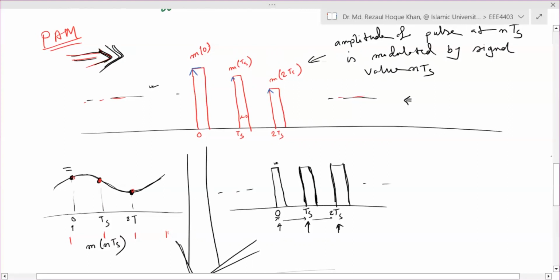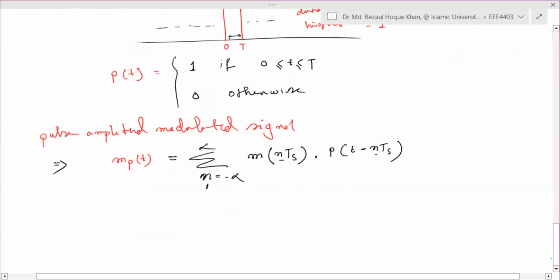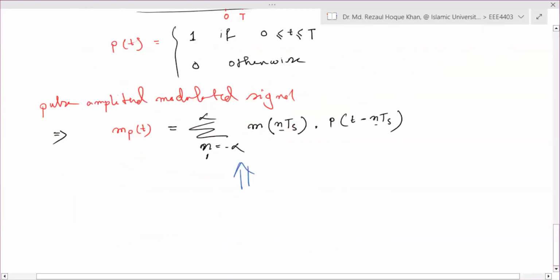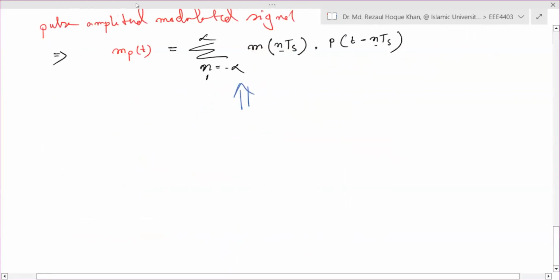Okay, so how can we think of, in another way, how this equation was generated?